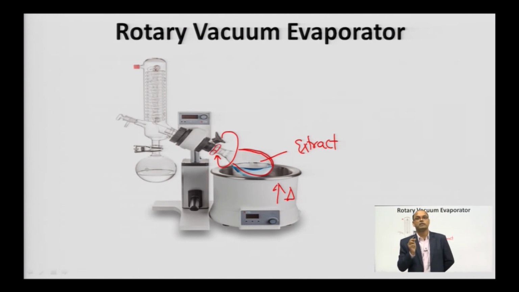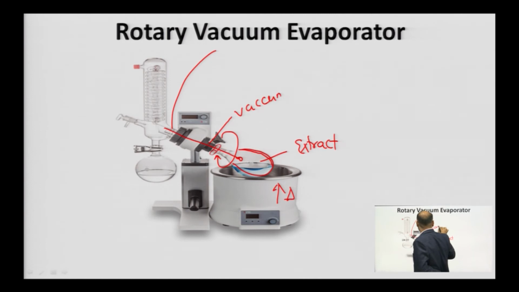Simultaneously we have also provided negative pressure using a vacuum. This vacuum tube creates the negative pressure, and due to that, the solvent which normally evaporates at 80 or 90 degrees Celsius starts to evaporate at a very low temperature of 40 to 50 degrees Celsius.